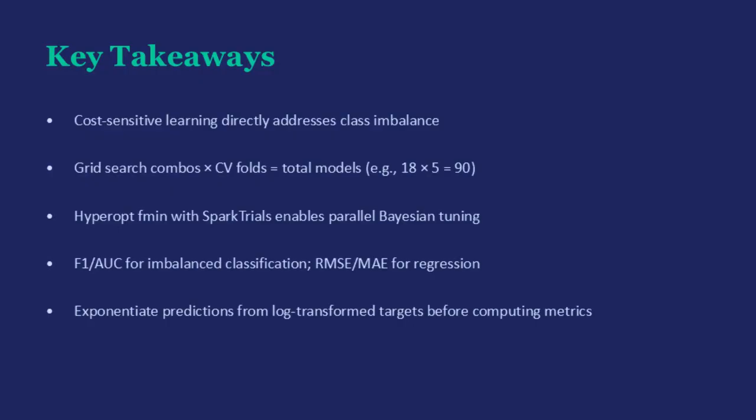Use Hyperopt's fmin with SparkTrials, which enables parallel Bayesian tuning on a Spark cluster. Use F1 score or AUC for imbalanced classification and use RMSE or MAE for regression. One more time, exponentiate predictions from log-transformed targets before computing metrics.